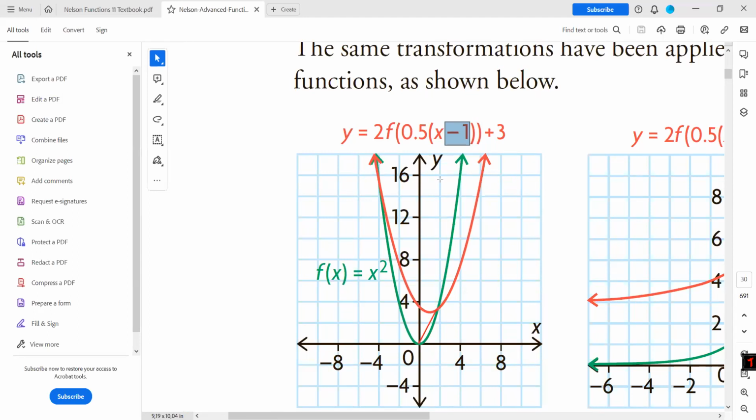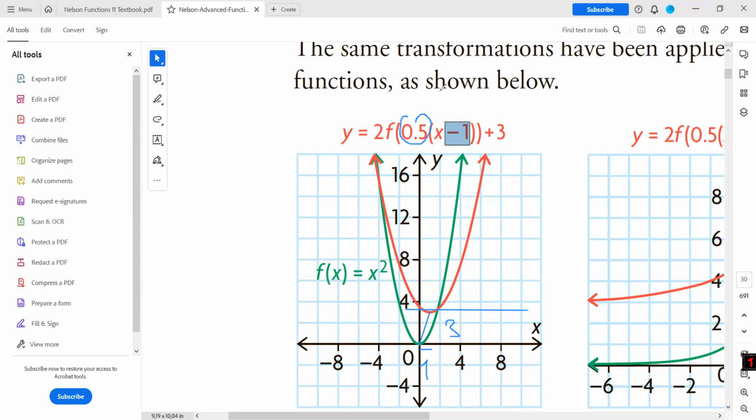You join the vertex of the parent function and the transformed function like this. And you can see that we have been translated 3 units upwards and only 1 unit to the right. 1 here and 3 here. So this is the translation that has been done to our function.